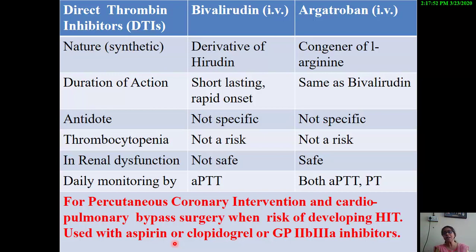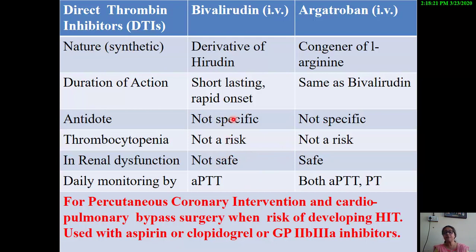Now, a feature which is common to both bivalirudin and argatroban is that both of them have a rapid onset of action. The half-life of bivalirudin is roughly 25 minutes, and it is roughly double that in the case of argatroban, and both of them are short-acting. As far as antidotes are concerned, there is no specific antidote for either bivalirudin or for argatroban.